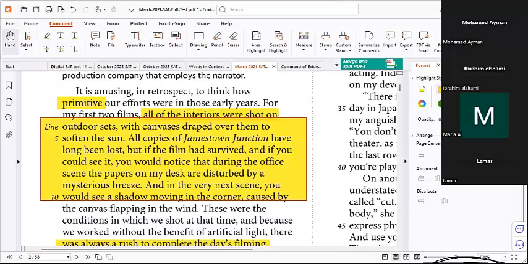All copies of Jamestown Junction have long been lost, but the film has survived. And if you could see it, you would notice that during the office scene, the papers on my desk were disturbed by a mysterious breeze. But in the very next scene, you would see a shadow moving in the corner caused by the canvas flapping in the wind.